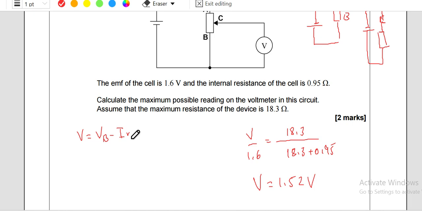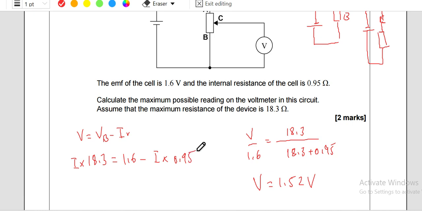And we can here make a substitution for V as the value of current times the total resistance, sorry, maximum resistance 18.3, for E 1.6, and again it is the value of I times 0.95.